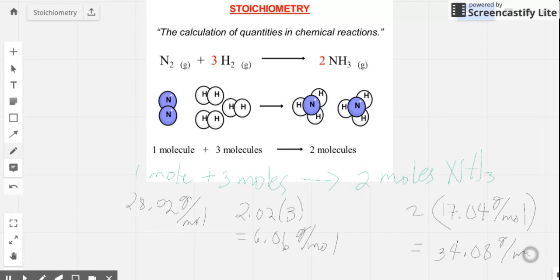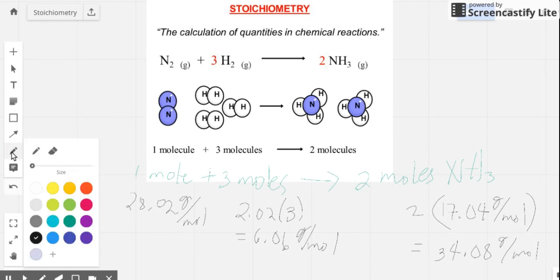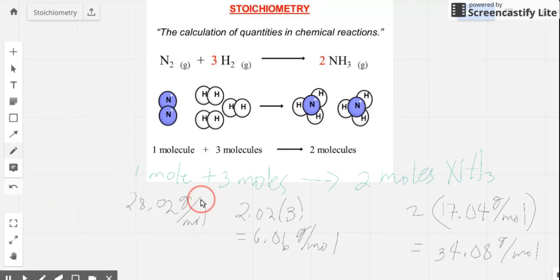Now, what do you notice? If you add 28.02 grams and 6.06 grams, it will be equal to your product's mass, which is 34.08 grams. The law of conservation of mass is observed.